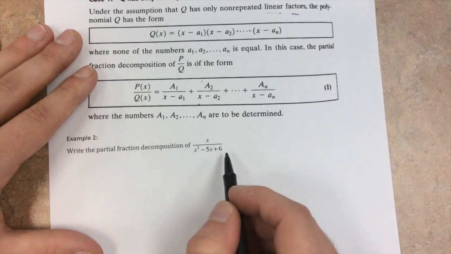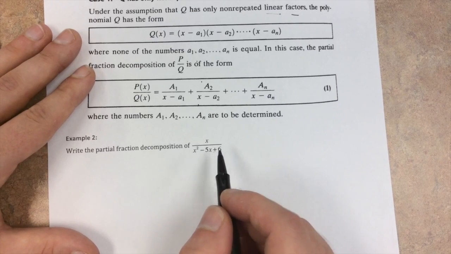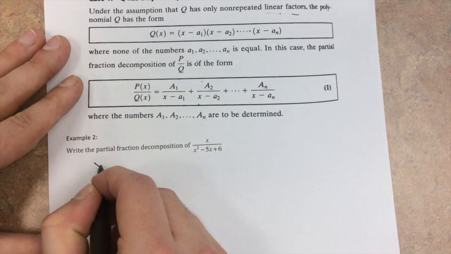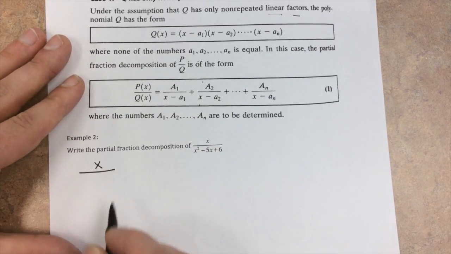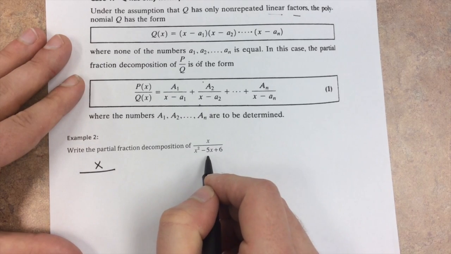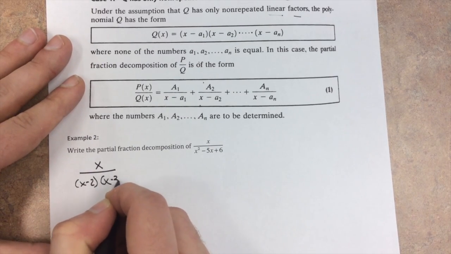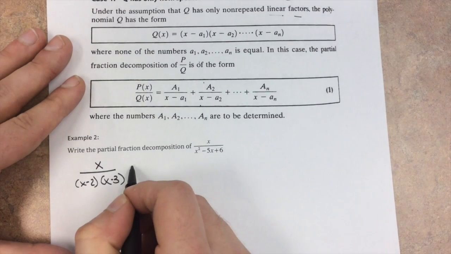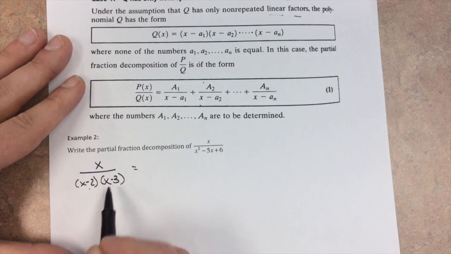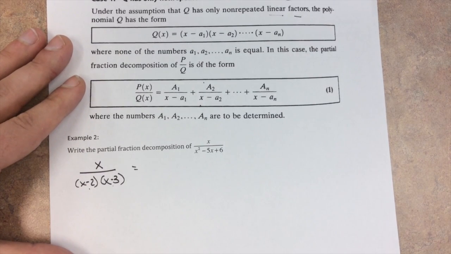So let's write out the partial fraction decomposition here. First, we need to factor the denominator. So simple factoring, multiply to 6 and add to negative 5. So that's x minus 2, x minus 3, equals. We have 2 distinct linear factors.